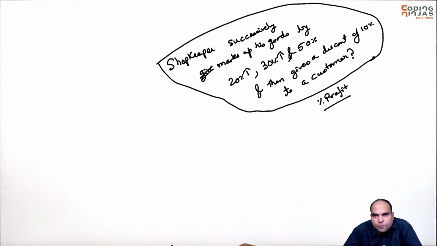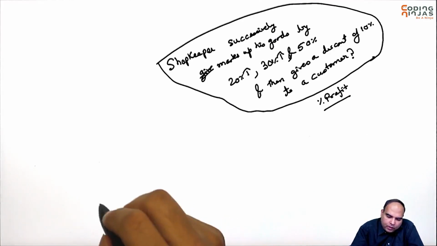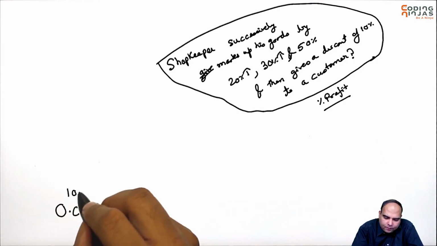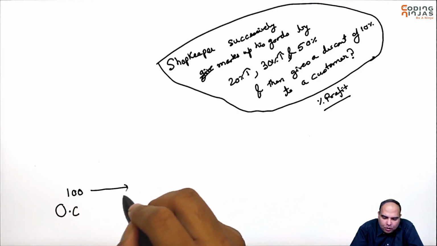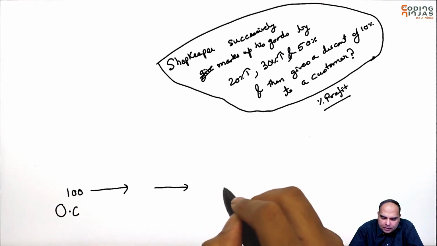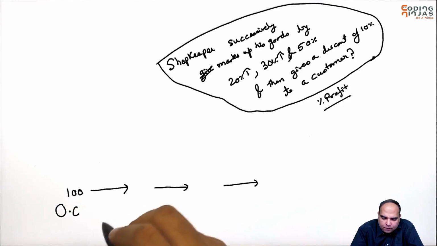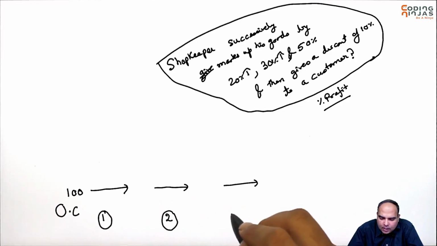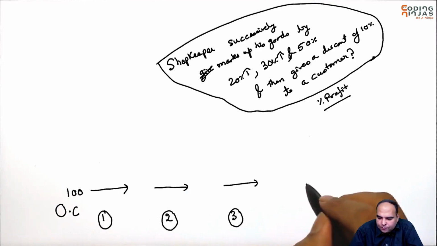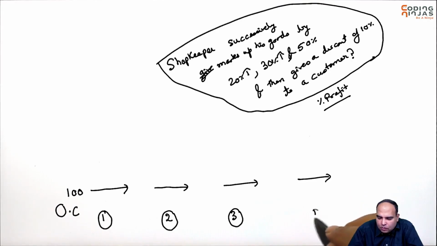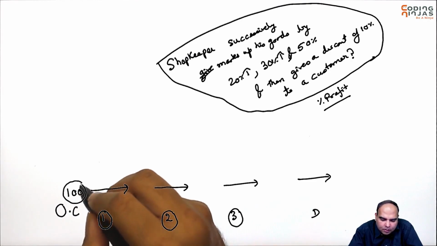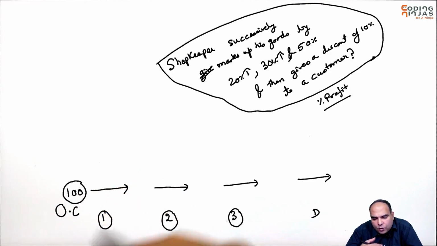So in this situation, what you can do is you can think of the original cost as 100, and because he is marking up 3 times successively, you can think of the first markup on the first arrow, the second markup on the second arrow, and the third markup on the third arrow, and then think of the discount on the fourth arrow, because essentially what is happening is that this number, the original cost of 100, is going through successive percentage changes.